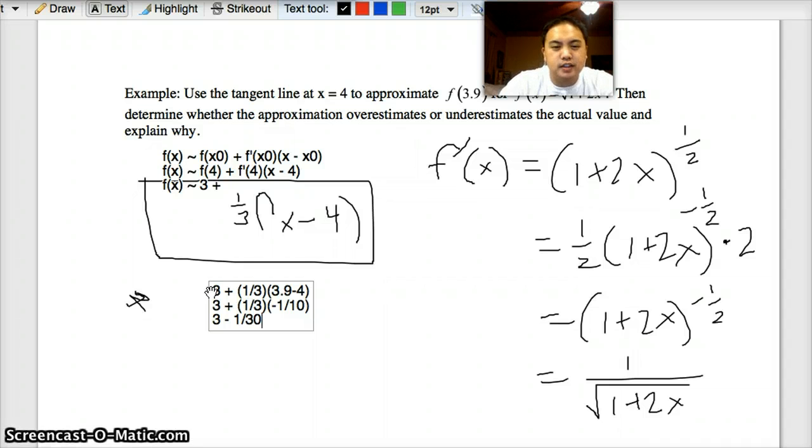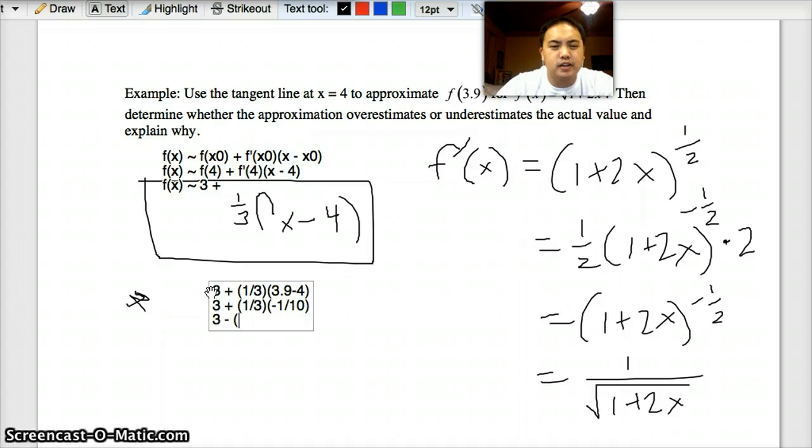And, oh, hold on. 1/3 is going to be, let's find a common denominator first. 1/3 will be 10 over 30 times... Oh wait, it's multiplication.